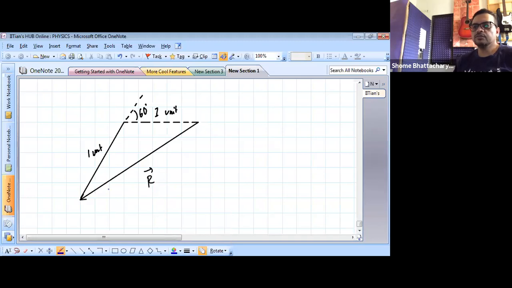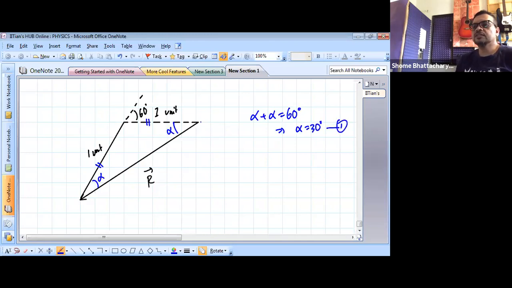Just use the property of isosceles triangle. So this side is equal to this side. Therefore, this angle, suppose is alpha, this angle will also be alpha. Okay. And the sum of these two should be equal to the opposite exterior angle. So alpha plus alpha should be equal to 60 degrees, which means that alpha is equal to 30 degrees. That's the first one. Okay.